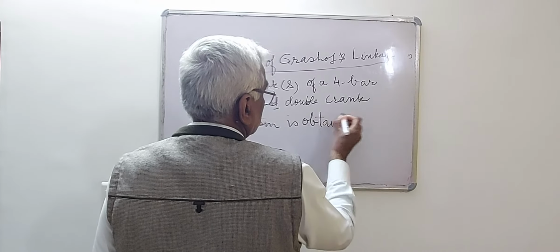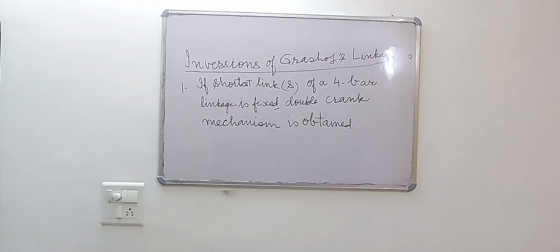This is condition number one. If the shortest link of a four-bar linkage is fixed, a double crank mechanism is obtained.